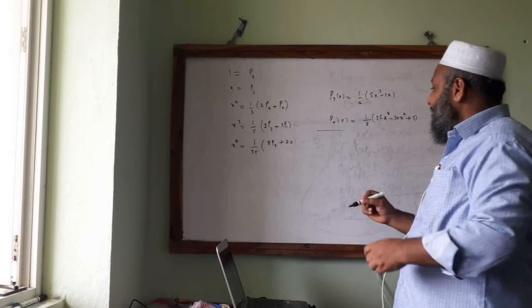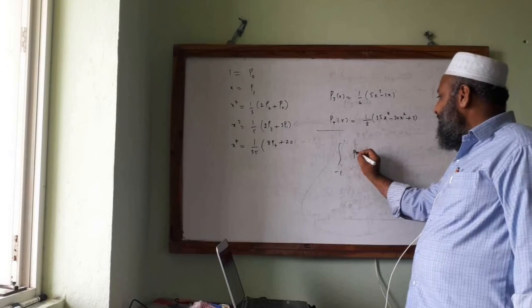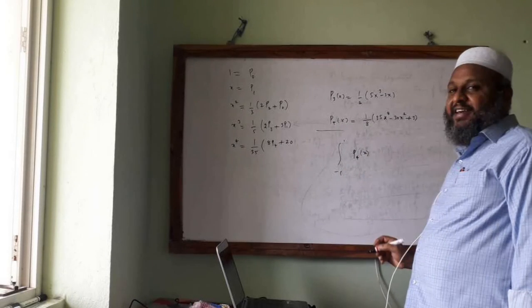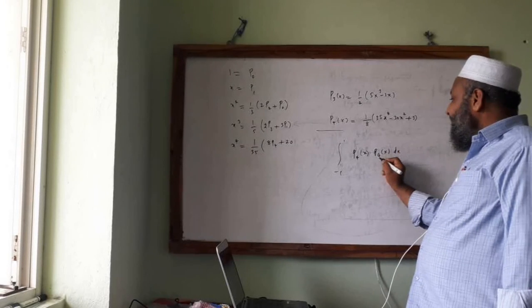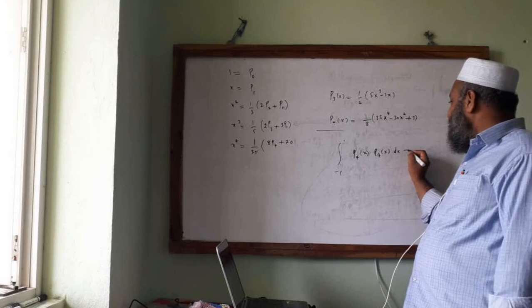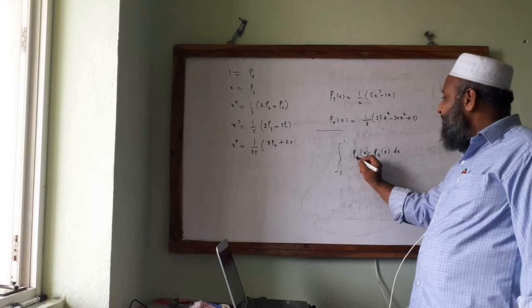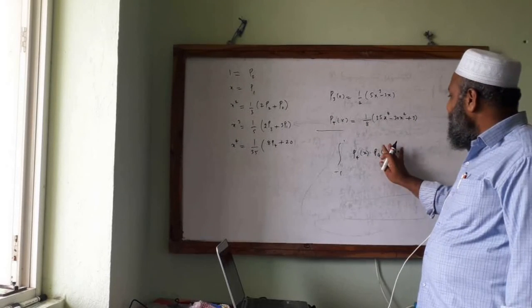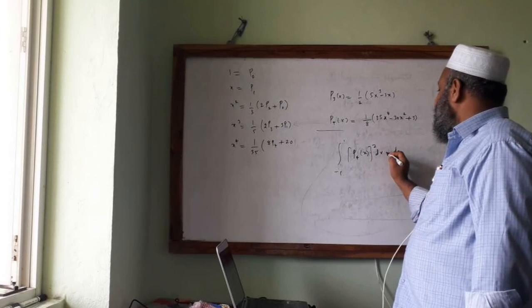Now a natural question comes: if the limits are -1 to +1 and both polynomials are the same, that is P4 of x into P4 of x dx. If any Legendre polynomial other than P4 comes, the integrated product becomes 0. But right now, because it is the same, the other way to write it is P4 of x whole square dx. How much is that?